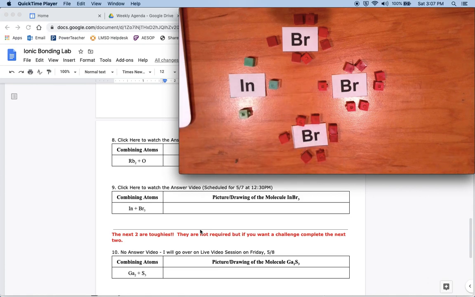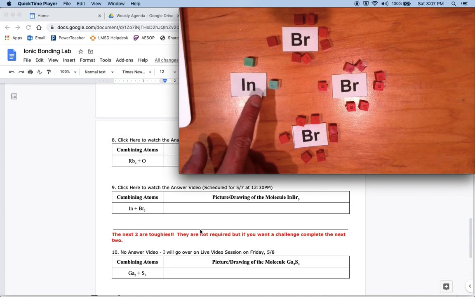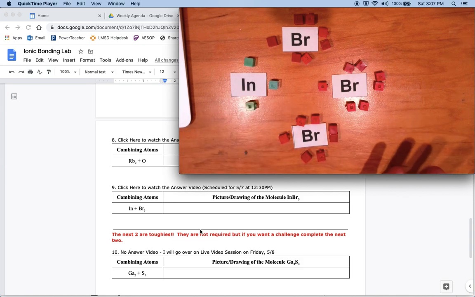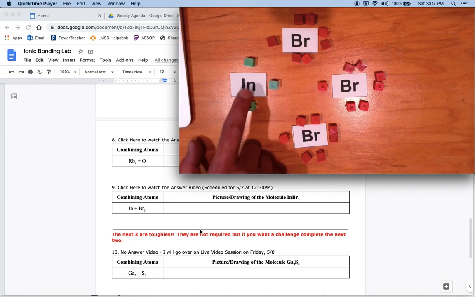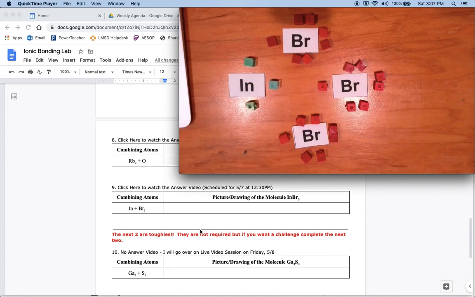We still need to get to 0 or to 8. So indium has 3 valence electrons, so is it going to get to 0 or 8? Well, it's closer to 0 because all it has to do is give away 3 versus taking 5. Each Br has 7, which means that it's closer to getting to 8. So now I know which ones are my takers. I know indium is my giver, and I know each one of these bromines is a taker to get to the 8.